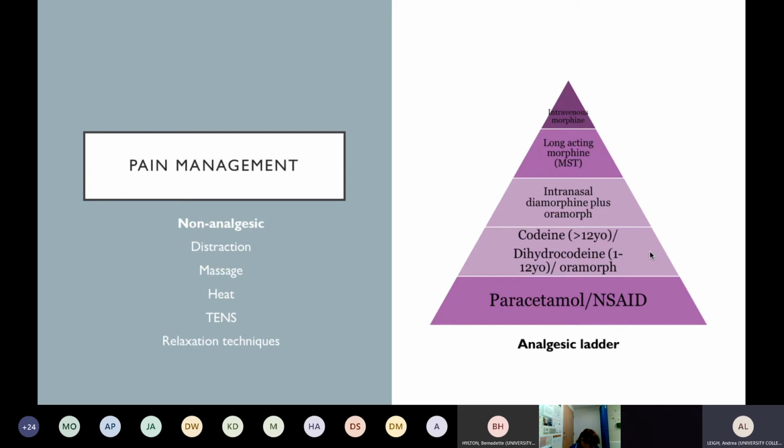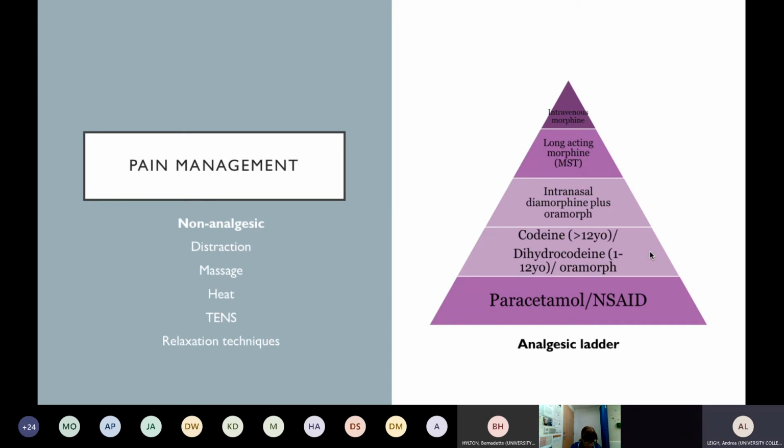And we actually find that if you give good high dose oral opiates, you can usually get on top of painful episodes without having to go to PCA, but you do have to be not frightened of giving good high doses of oral opiates. Once you've had about 3 or 4 doses of Oromorph, then we add in the long-acting oral morphine, MST.